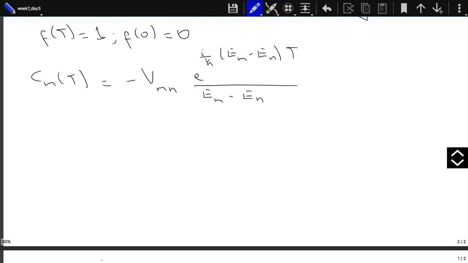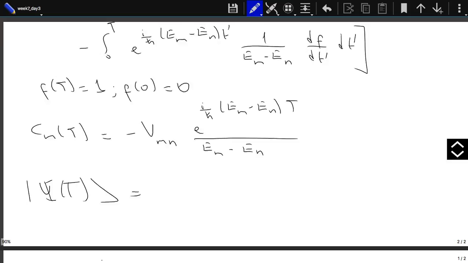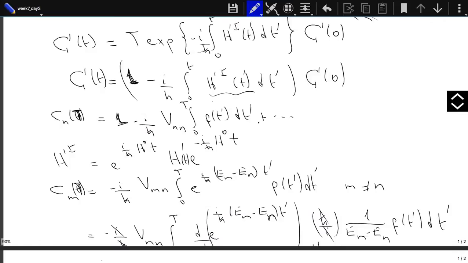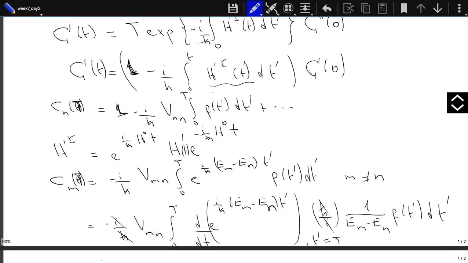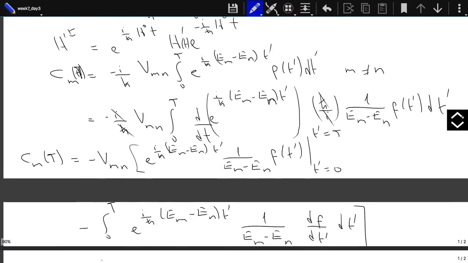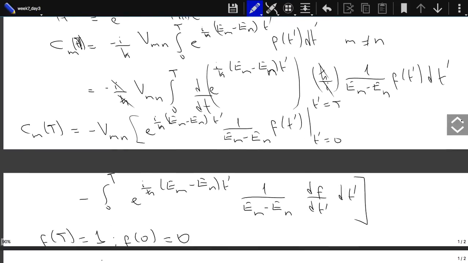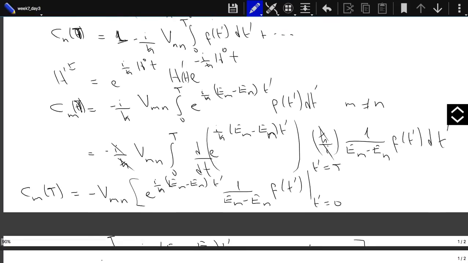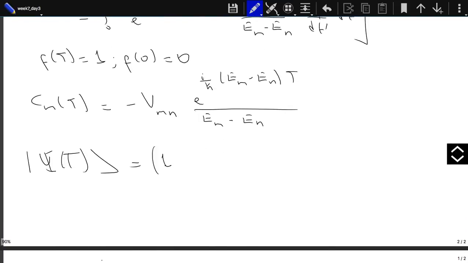Now we can write down our full state. Psi at the time capital T is, let's see, this is the coefficient of the nth state. f0 is 0. 1 minus i over h bar Vn and the integral from 0 to t of f of t prime dt prime.